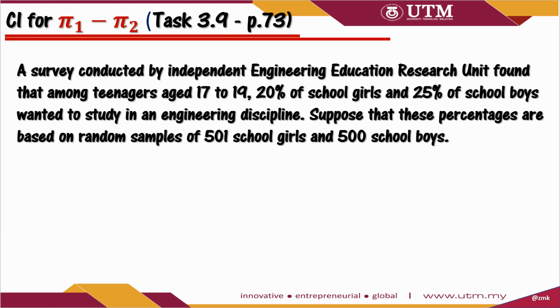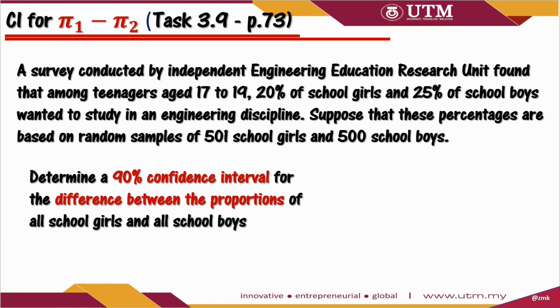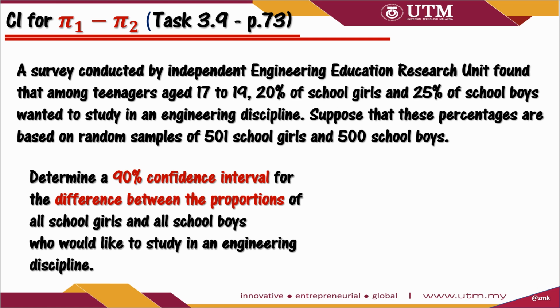Suppose that these percentages are based on random samples of 501 schoolgirls and 500 schoolboys. Determine a 90% confidence interval for the difference between the proportions of all schoolgirls and all schoolboys who like to study an engineering discipline.